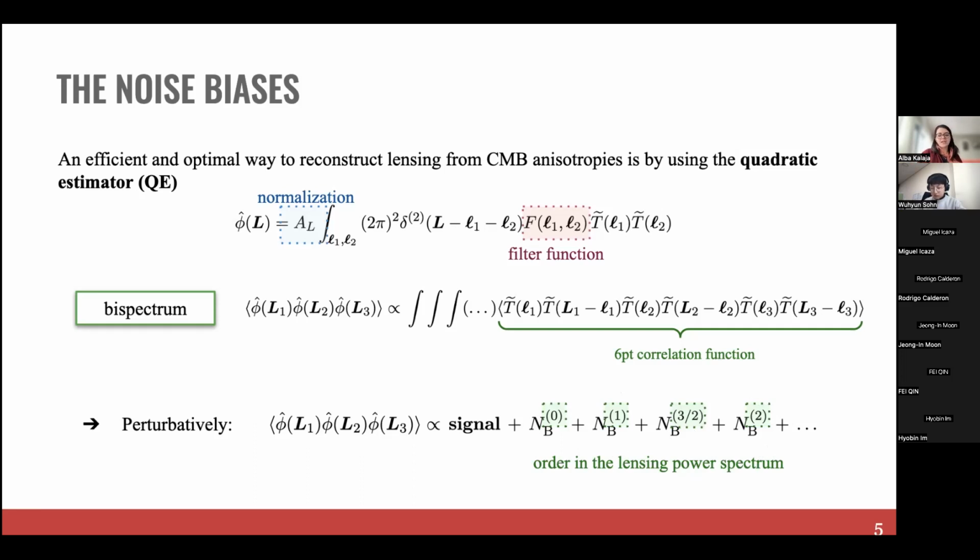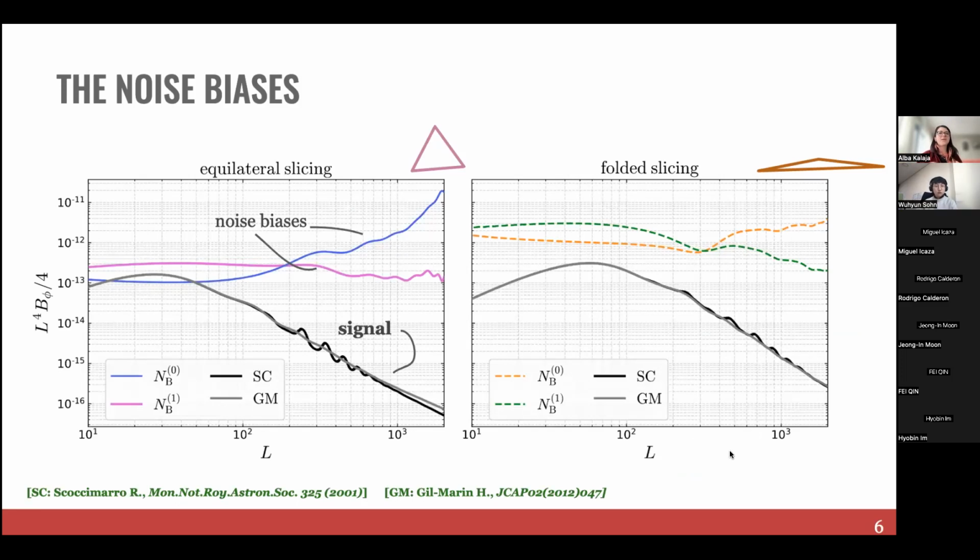I'm already spoiling some results with this slide, but it's just to give you an idea of what our problem is. What we're looking at is 2 plots where I have plotted the bispectrum in different configurations, the equilateral one where the sides are the same, and the folded one where you have a folded triangle. In gray and black, you have the signal, which was modeled using 2 different fitting formulas that are cited here.